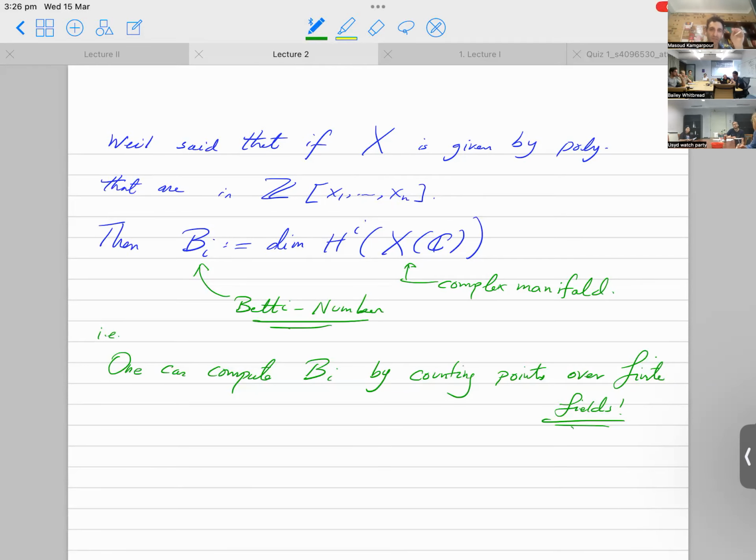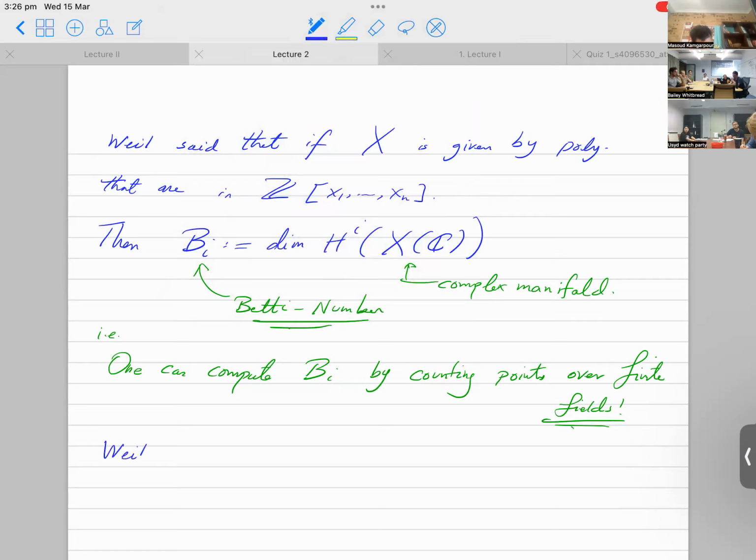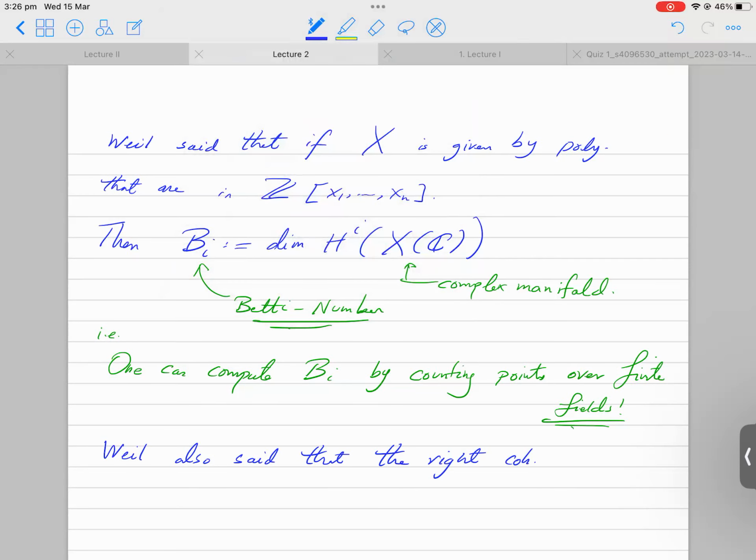And in one of the future lectures, I will explain why the right cohomology theory would explain the first two Weil conjectures. So let me also say, Weil also said that the right cohomology theory, when I say right cohomology theory, I mean, he gave some list of properties also. They're now known as Weil cohomologies.